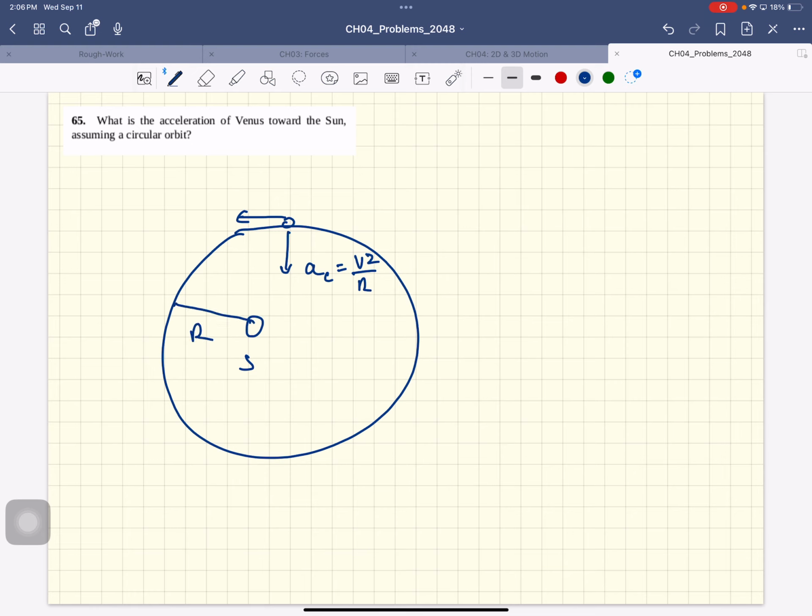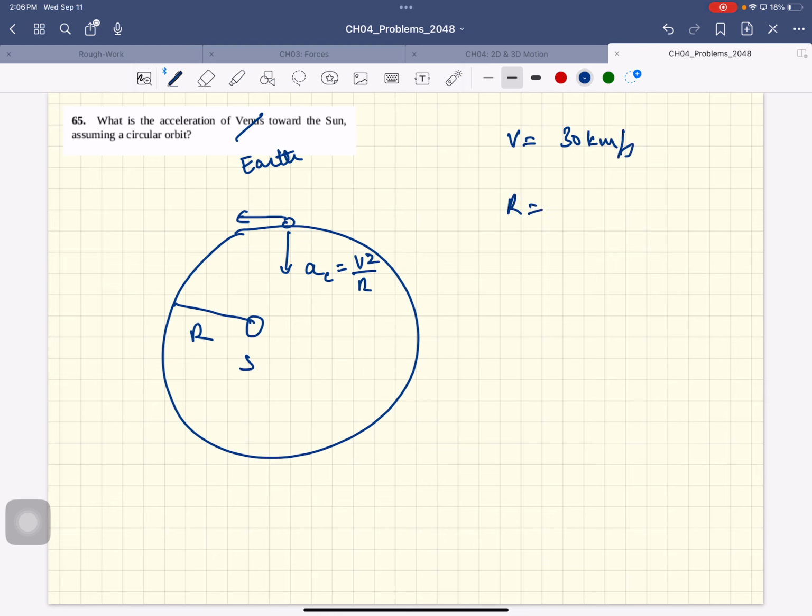What you can do is you can look up the orbital speed. Let's do this for Earth. For Earth, the velocity is 30 kilometers per second. I remember that.